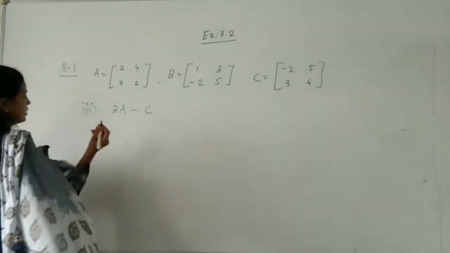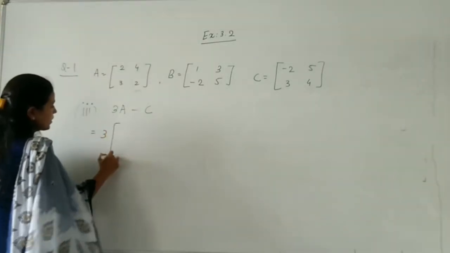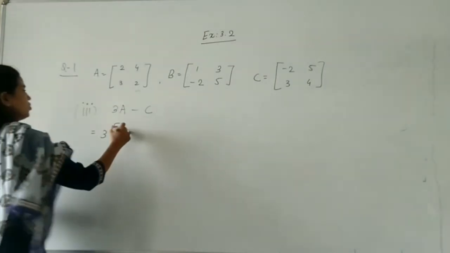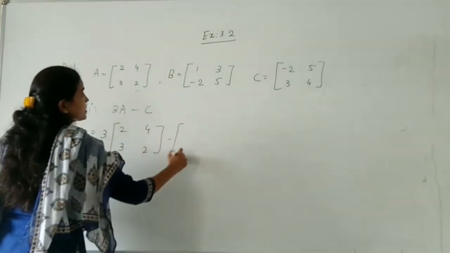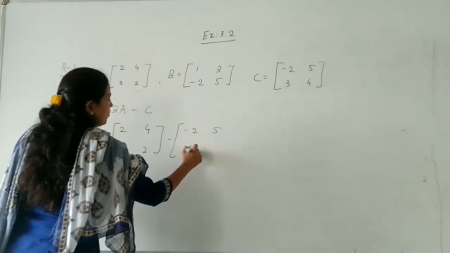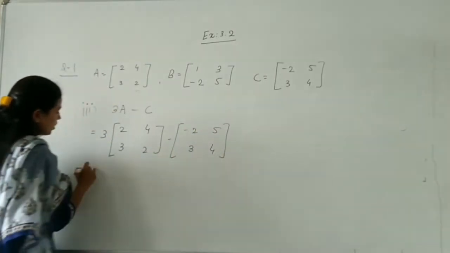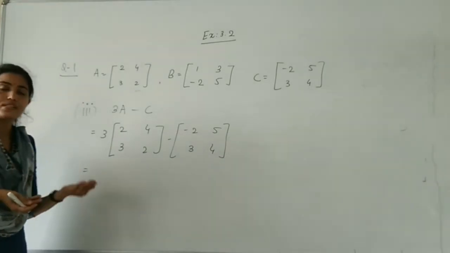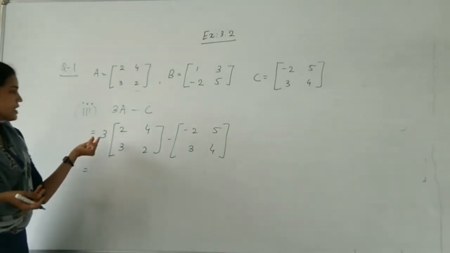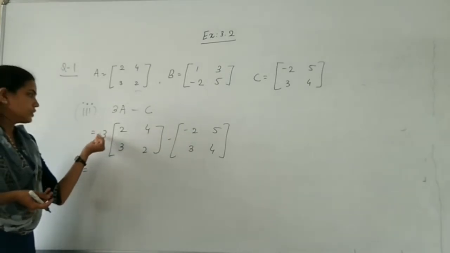Let me start: 3 into A. So what we have to do? A is 2, 4, 3, 2, minus C. C is minus 2, 5, 3 and 4.